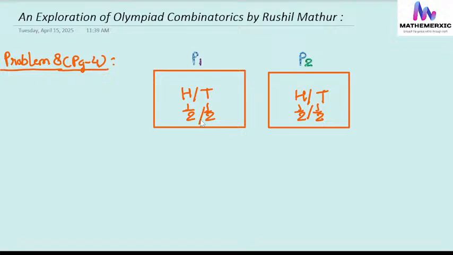If at least one of them guesses the result of the toss correctly, they both are free. Show that by discussing a strategy beforehand, the prisoners can guarantee freedom. We have to just define a strategy here by which both are free. And what can be the strategy that we have to work on?